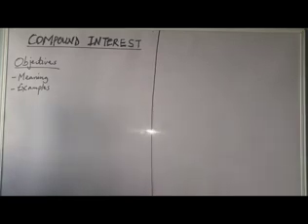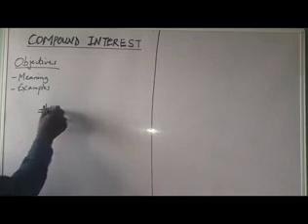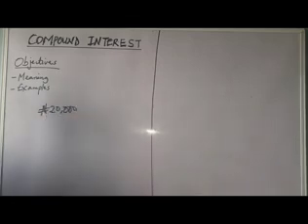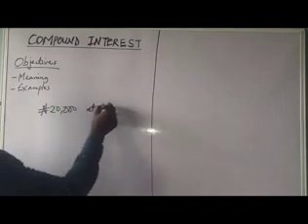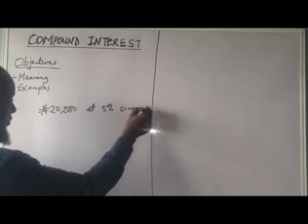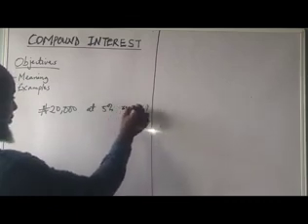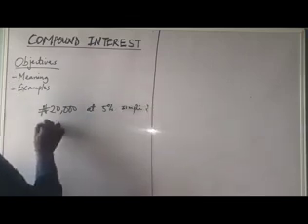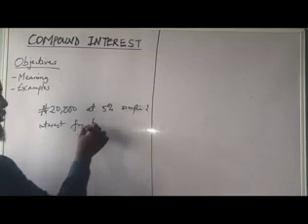Let's say for instance you saved 20,000 naira into a bank at 5% simple interest for 1 year.